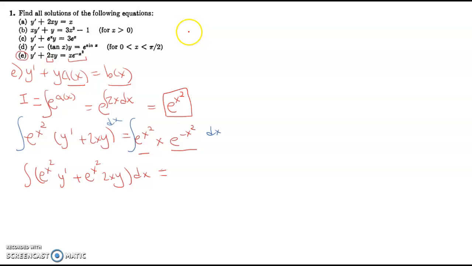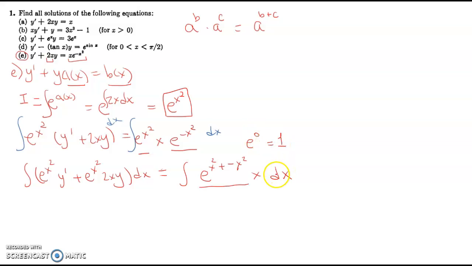The rule of exponents goes: if you have a to the power of b times a to the power of c, the base gets kept and the exponents get added, b plus c. Since we have the same base e, our exponents will get added. So e to the power of x squared plus negative x squared, times x dx. We know this is e to the power of 0, which is just 1.